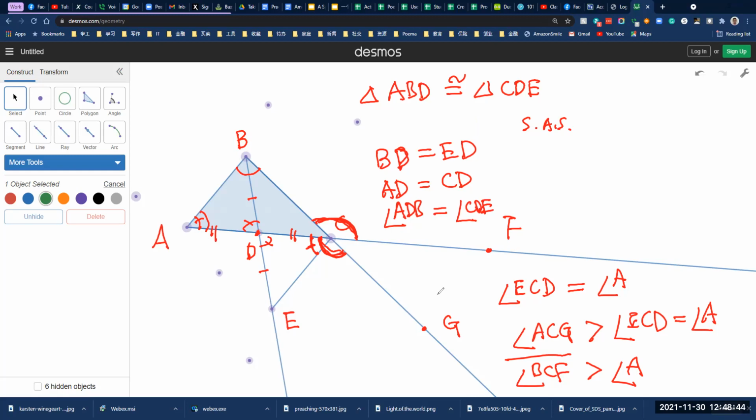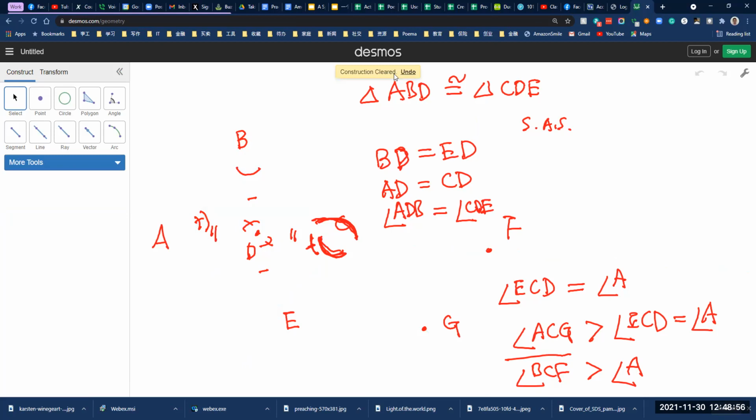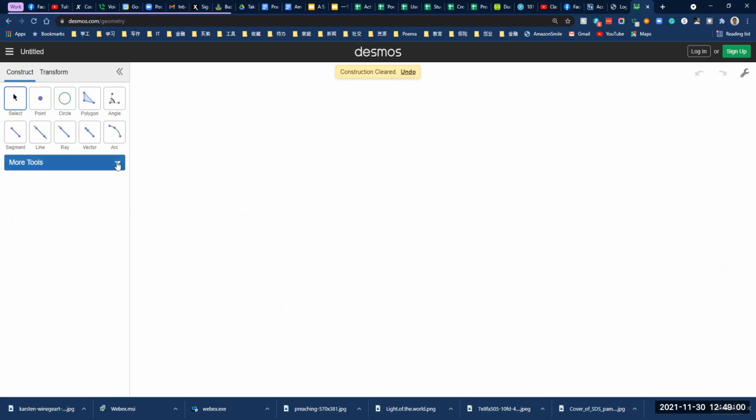So we have this one very important theorem, and that helps us to do parallel lines. Okay, let's do two lines. We got one line here, and we find the parallel line.